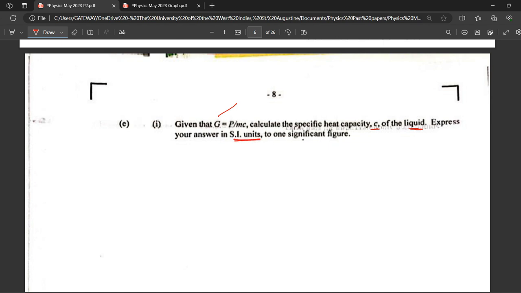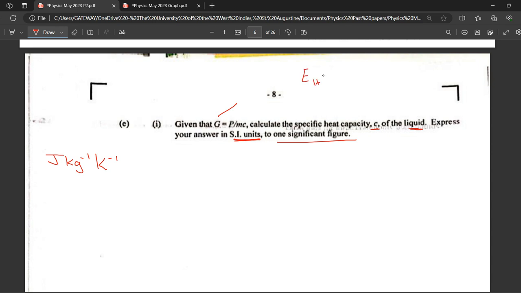Express your answer in SI units to one significant figure. Well, we know the specific heat capacity unit will be joules per kilogram per Kelvin, or per degree Celsius, as I'll just show you.